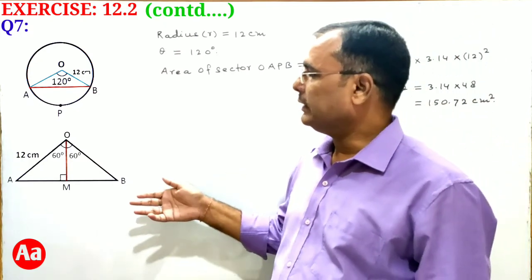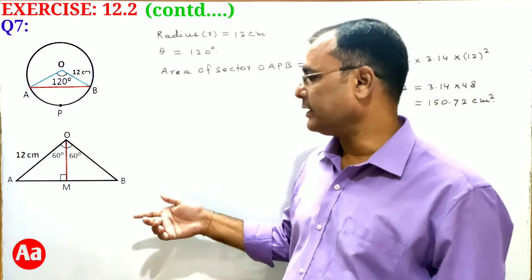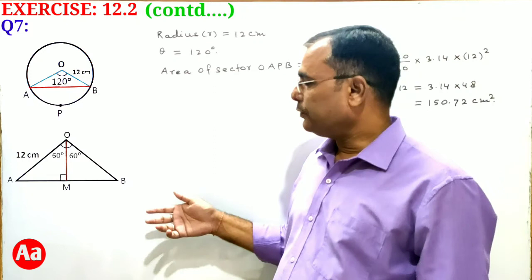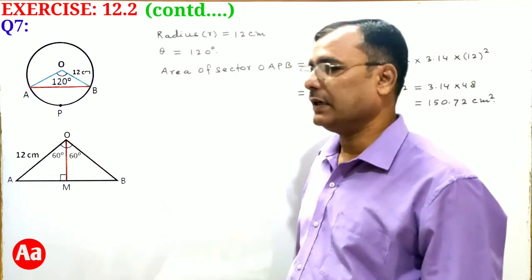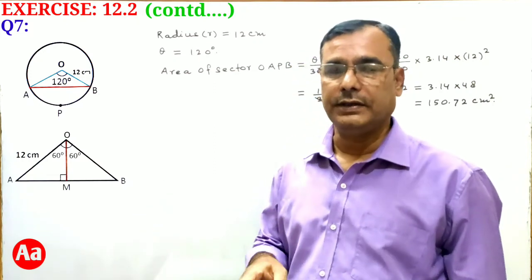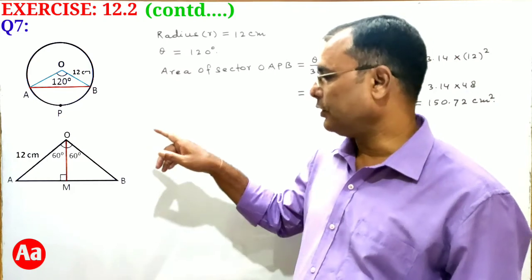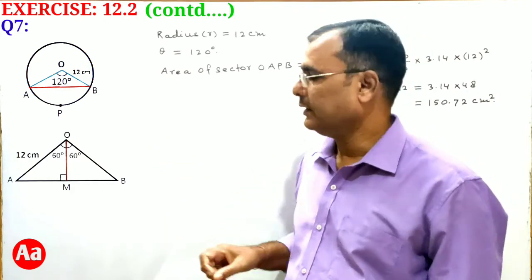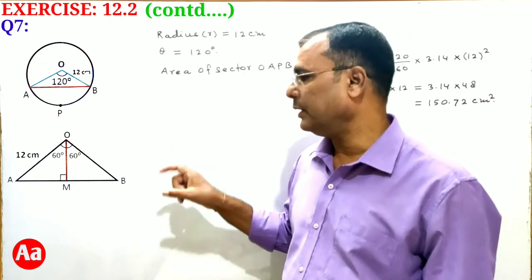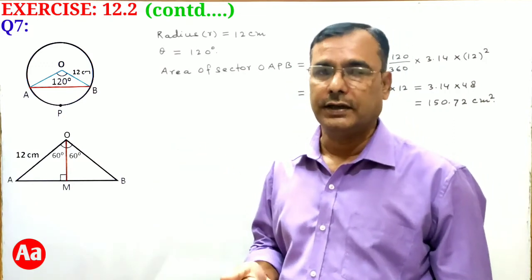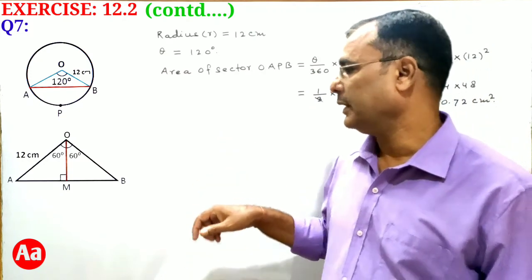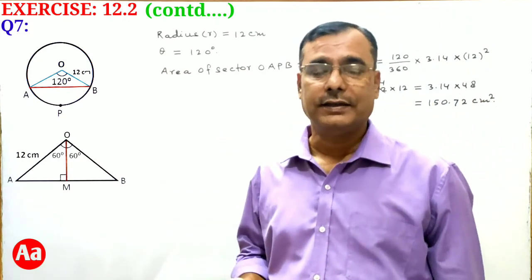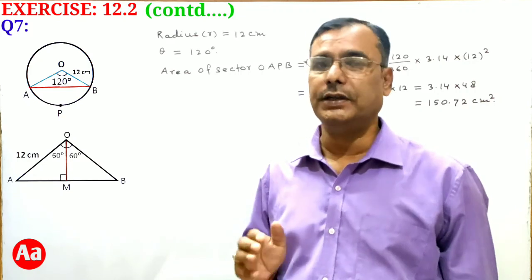We have drawn triangle OAB separately as shown here in the figure. In order to find the area of this isosceles triangle OAB, we need to draw a perpendicular OM, which will be the height of the triangle. This perpendicular OM will also be a median, and therefore OM will be bisecting the side AB perpendicularly.